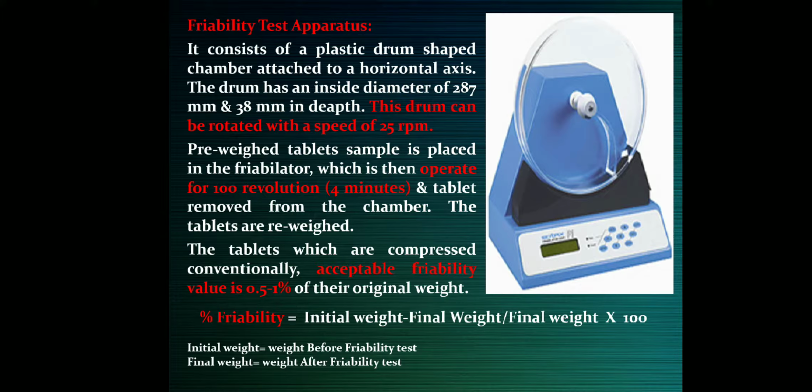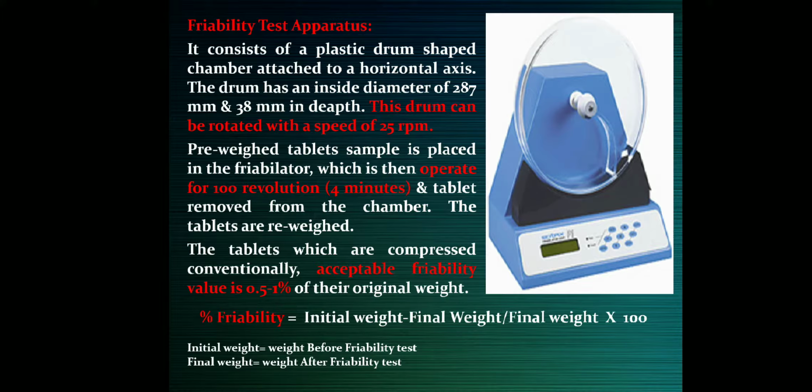A pre-weighed tablet sample is placed in the friabilator, which is then operated for 100 revolutions or 4 minutes, and the tablets are removed from the chamber, cleaned properly, and reweighed. For conventionally compressed tablets, the acceptable friability limit is 0.5 to 1%.